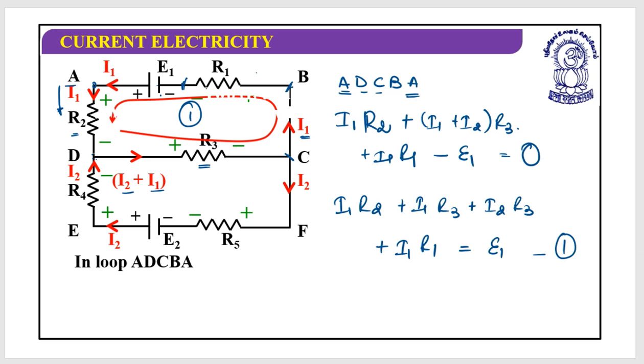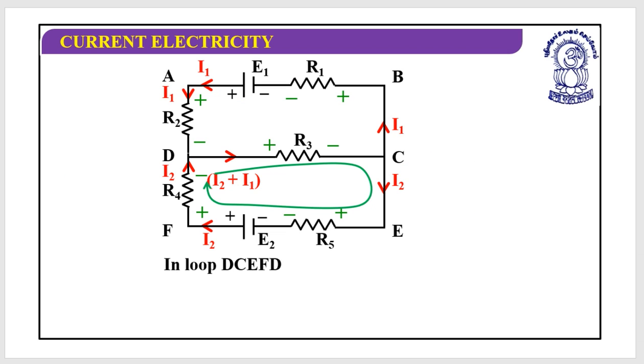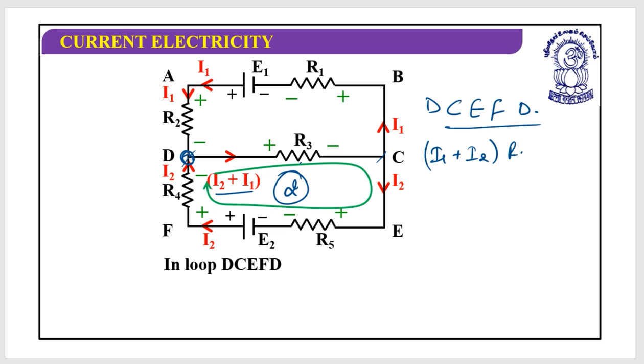Now let's look at the second loop. This is my second loop, and let me write the relation from here. It's a loop of D to C to E to F to D. So let's begin from D to C. Here the current was I2 plus I1, so this is (I1 plus I2) multiplied by R3.